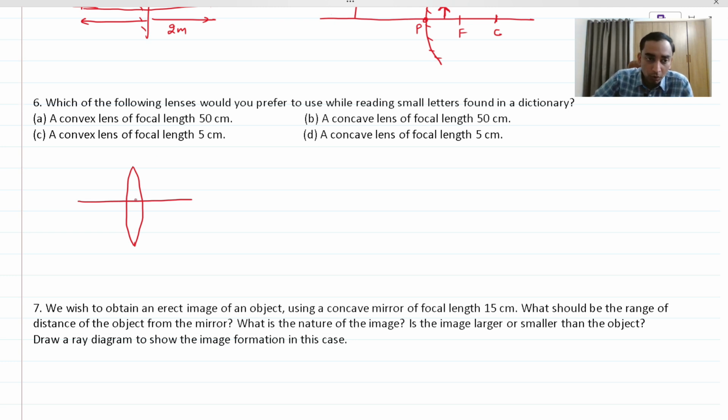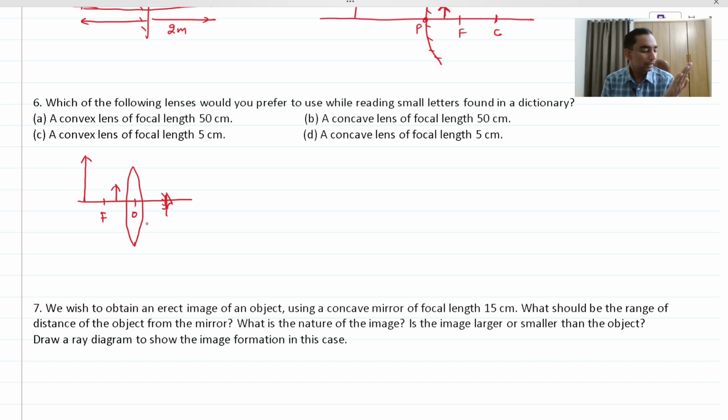Now, if you keep the object, suppose this is O, this is F, you keep the object here, you will get a magnified image here, and your eyes are here. This will never happen in case of a concave lens. In a concave lens, you will always get a smaller image.